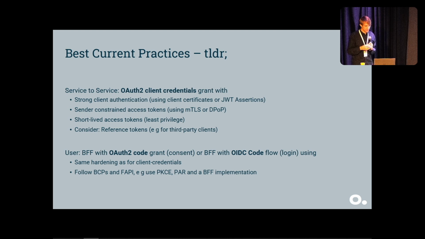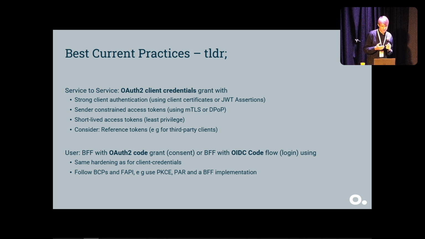Then, if you do that, you can do sender constrained access tokens, which they also mentioned in the previous talk, where you link the access token to the certificate that was used. You can use mutual TLS or something new called DPoP. And of course, you should have short-lived access tokens and follow least privilege.